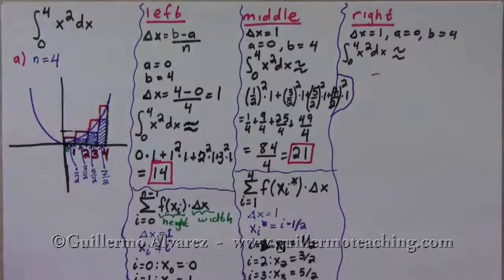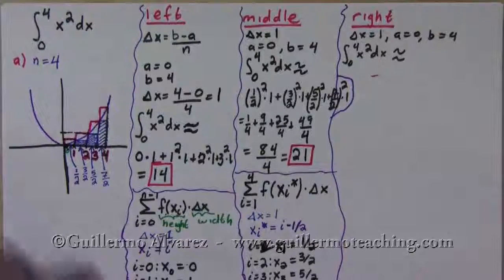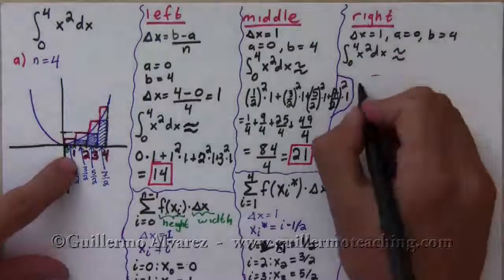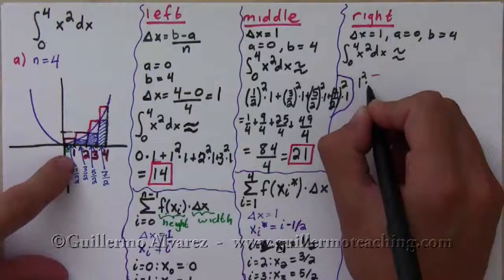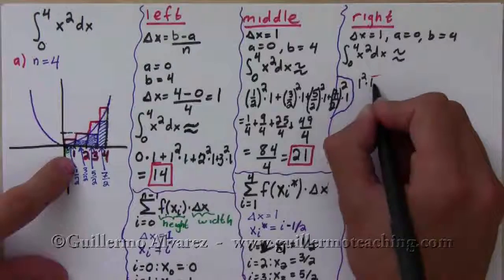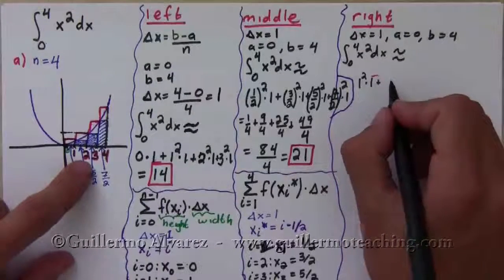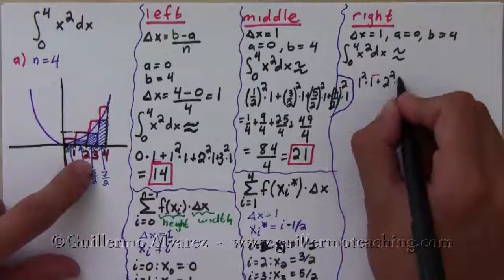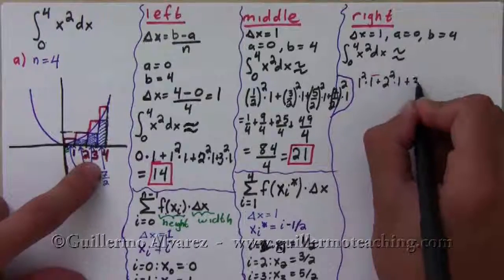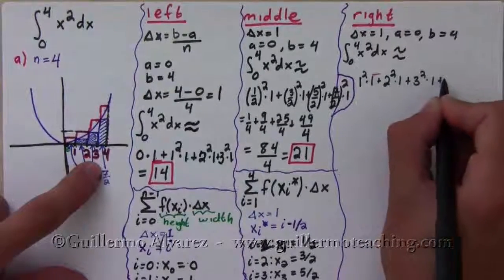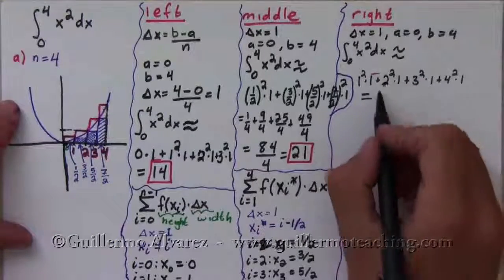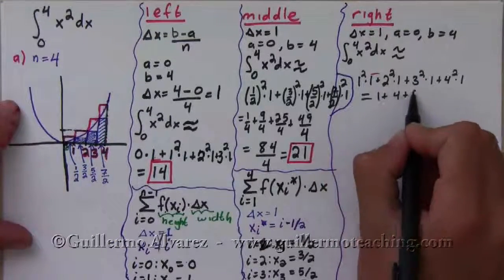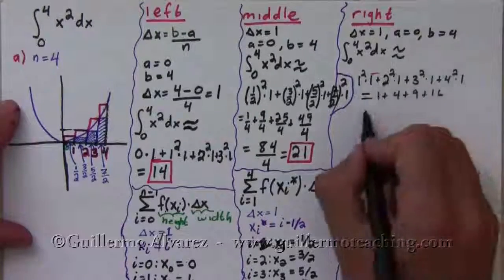Okay, so what I'm going to have is, I'm going to evaluate, the first one's going to be at 1, so I'm going to have 1 squared times 1, so this is the height times the base, plus 2 squared times 1, plus 3 squared times 1, plus 4 squared times 1. Just 1 plus 4 plus 9 plus 16.